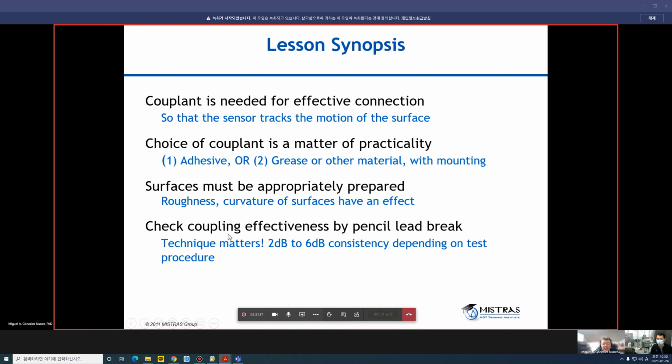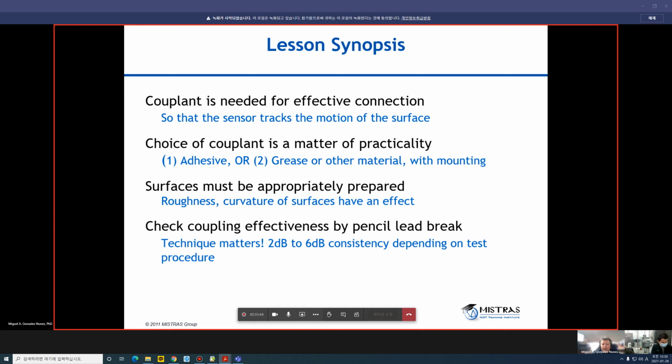Now we need to check how effective is that coupling between the sensor and the test piece. And one technique is the so-called pencil break. Okay? This technique matters in order to be consistent at the moment of breaking the pencil lead.